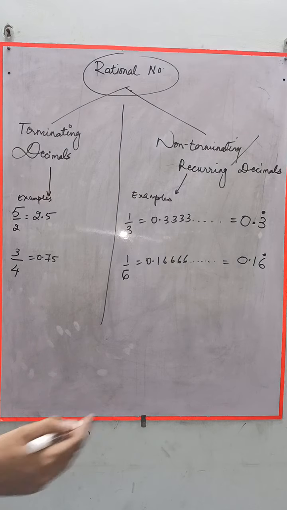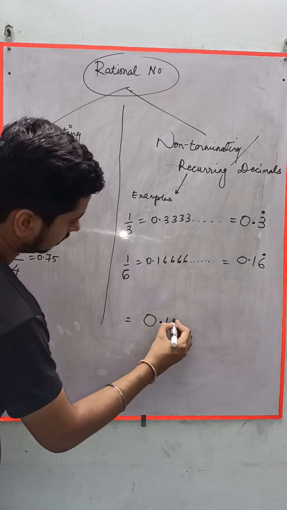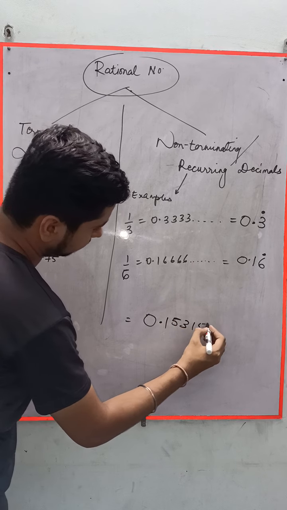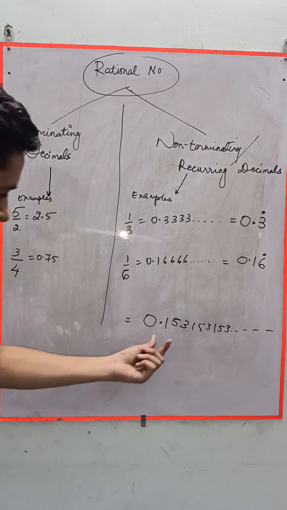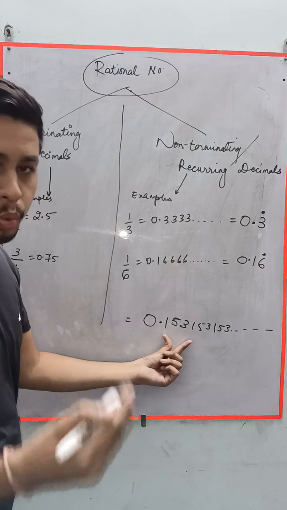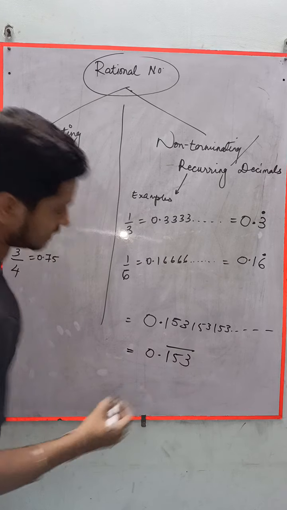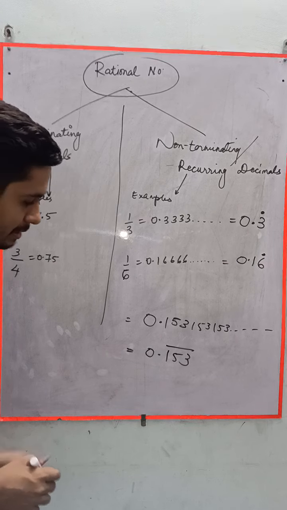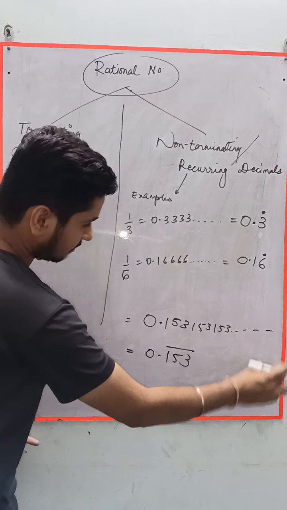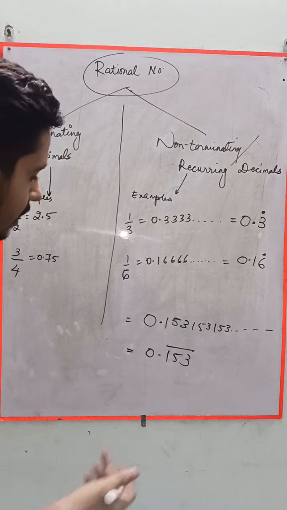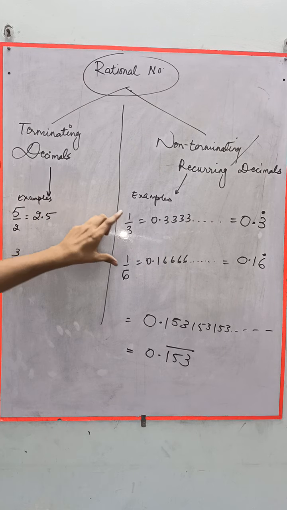Now sometimes you may get 0.153, 153, 153 and so on. So how can you express two or more than two digits? You need to use the bar like this. Are you getting? That means these three are repeating, 153, 153, 153 like that.